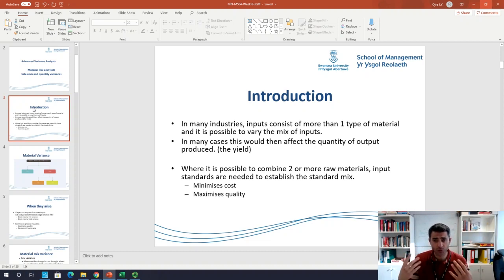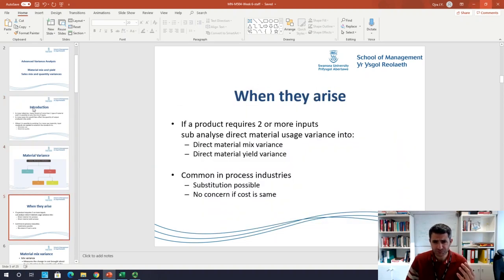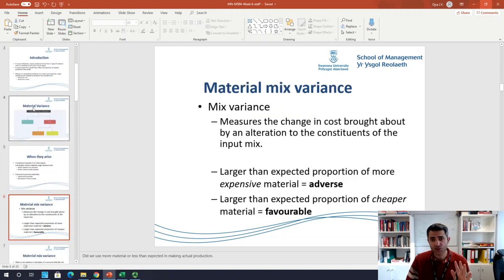Again, when we look at the example, you will find it much easier. So far, I want you to understand that for the material mix variance, a larger than expected proportion of a more expensive material will be an adverse variance, but the opposite will be favorable if we use a cheaper material.